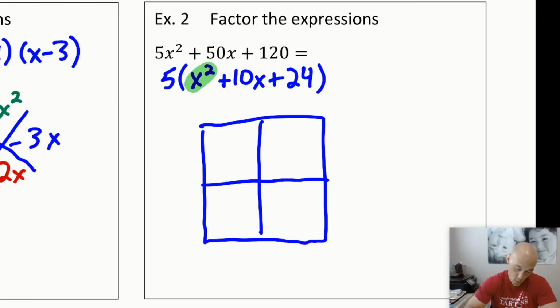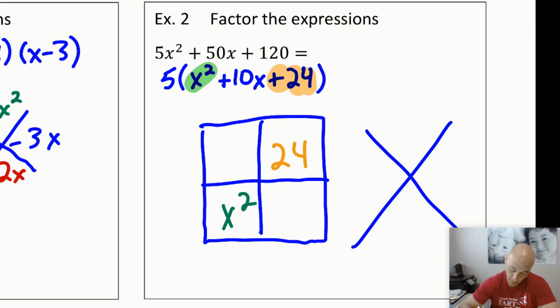So the x squared term goes in the lower left-hand corner, the constant in the upper right-hand corner. Multiplying those two together, they go into the top of the diamond. The x term goes into the bottom of the diamond.